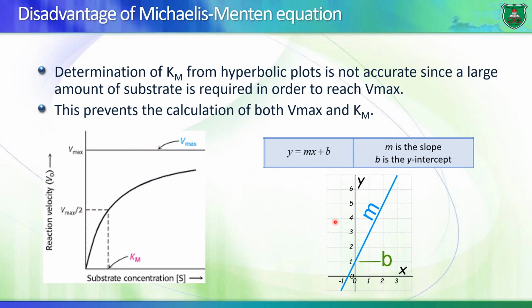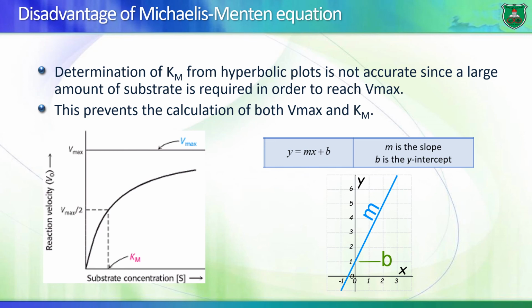Y, that is the rate of the reaction, equals mx. X is the substrate concentration in this case. That's the x-axis, plus b. Now, b is the y-intercept, the point where the line hits the y-axis, and m is the slope.